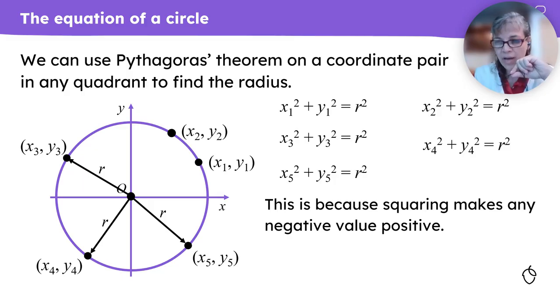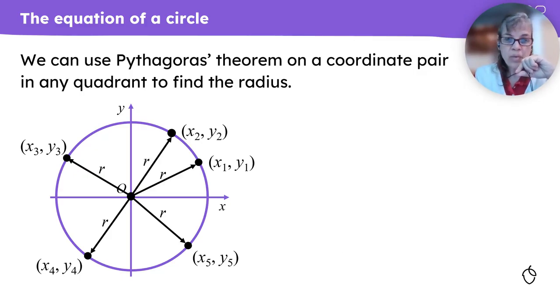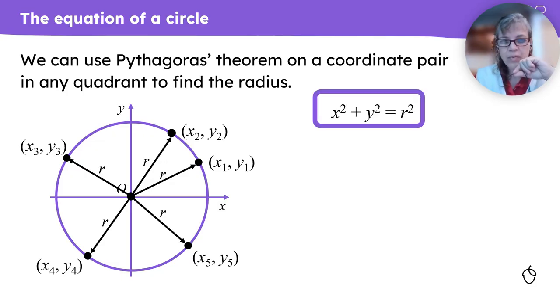So it won't affect the length of the radius. If I have a negative x, I'll still just get what that x value is squared. And if I have a negative y, I'll still get y squared. So we can use Pythagoras' theorem from a coordinate pair in any quadrant to find the radius.